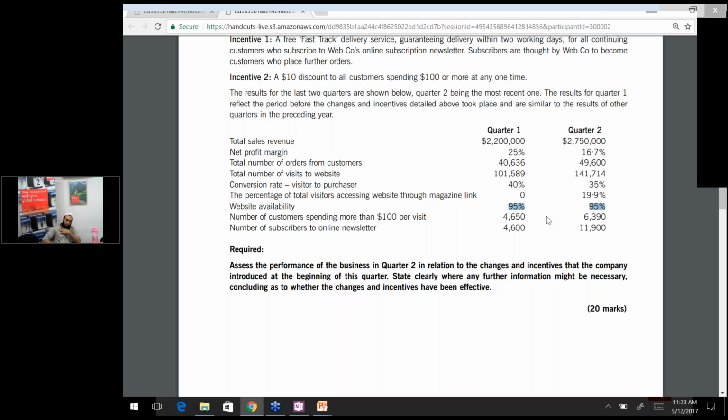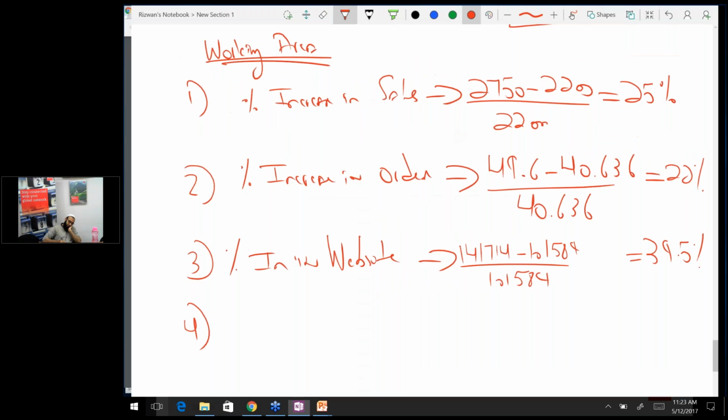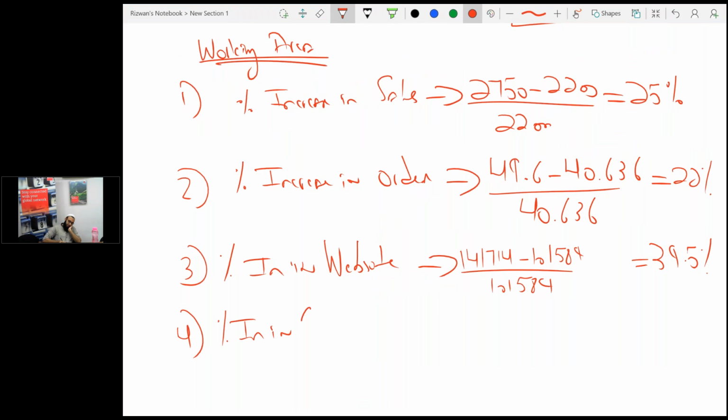Number of customers spending more than 100 per visit. What I can work out using this is the percentage increase in customers. Customers who are taking discount.